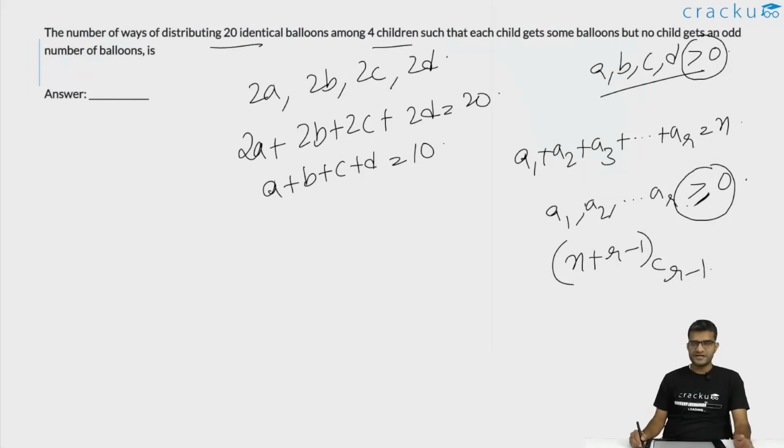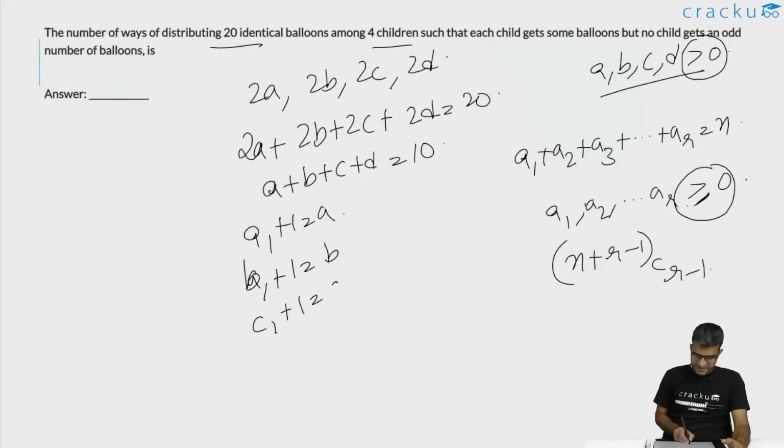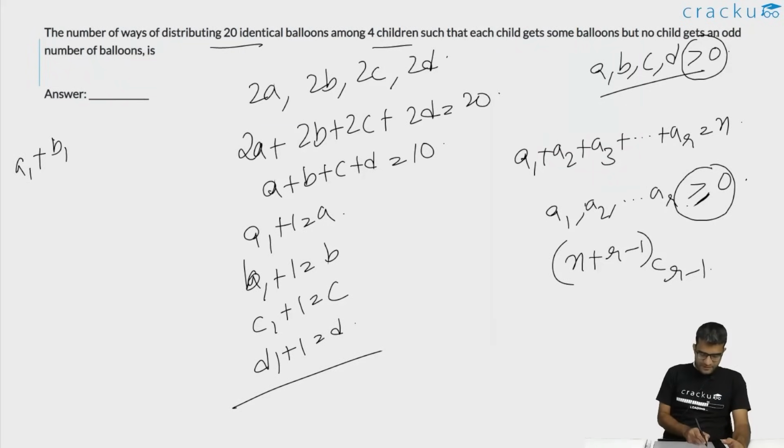So we'll assume that there are new variables a1 plus 1 which is equal to a, and b1 plus 1 is equal to b, and c1 plus 1 is equal to c, and d1 plus 1 is equal to d, or the sum of a1 plus b1 plus c1 plus d1 is equal to 6.